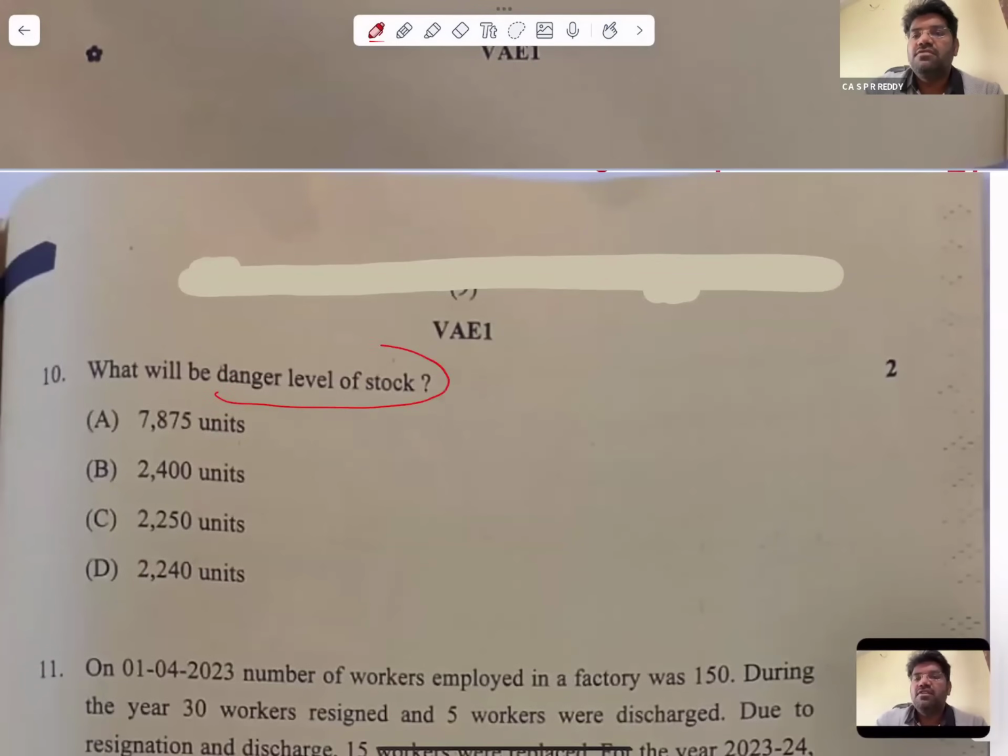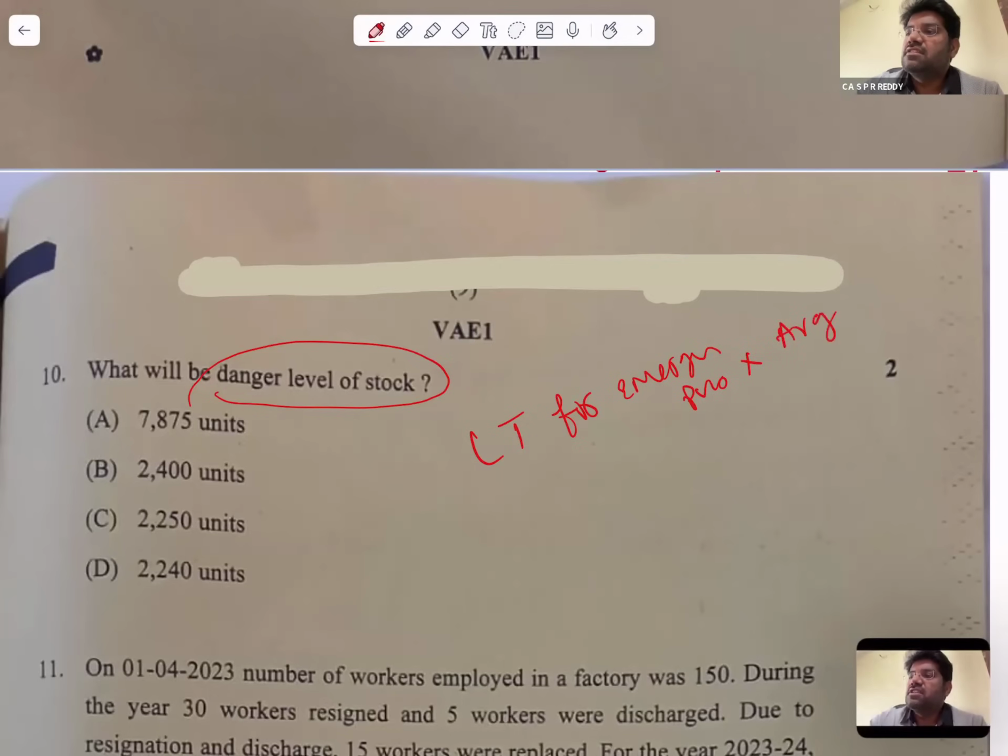What is danger level of stock? Basically, danger level of stock is if you want to urgently place an order, how many days your supplier will take. That much stock only we call danger level stock. So it is lead time for emergency purchases into average consumption.